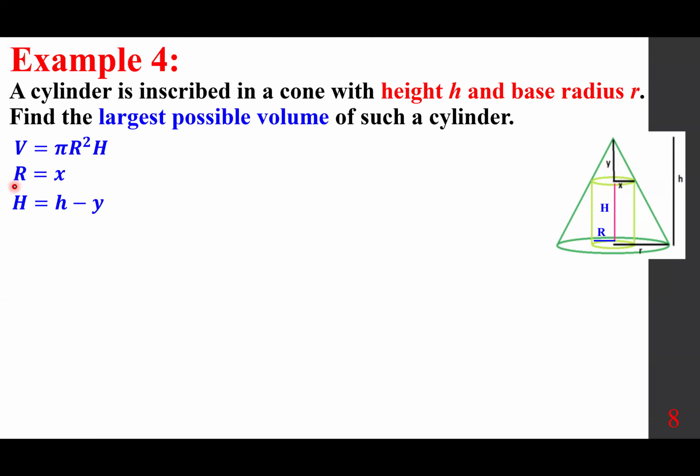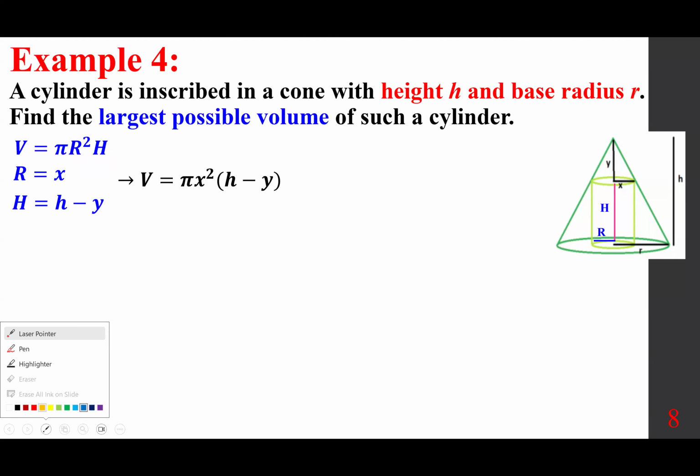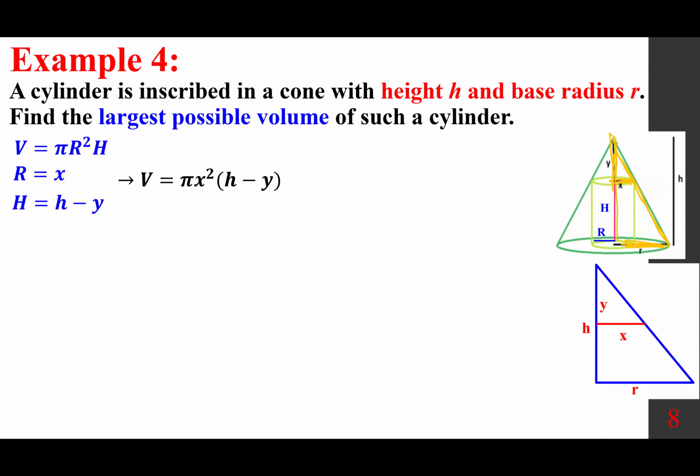Having said that, the volume becomes pi x squared times h minus y. So you write it in this fashion. And if you look at this part, it is a triangle. You just concentrate on that triangle. What do we notice? This distance is y, this distance is x, this distance is lowercase r, this distance is capital H.